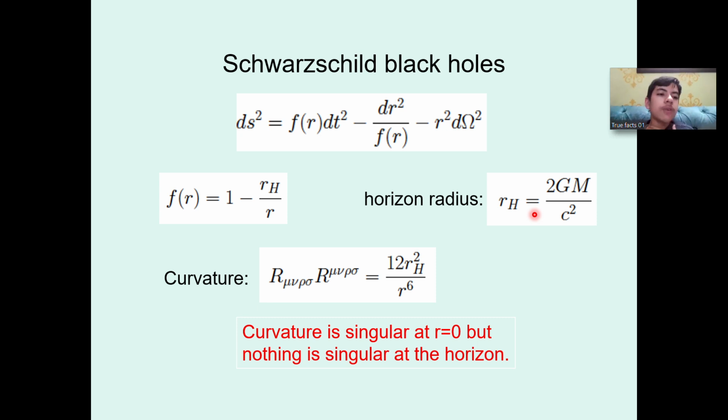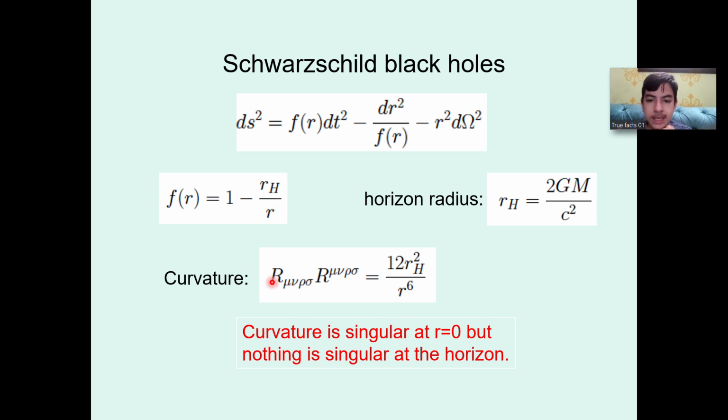For Schwarzschild black holes, the function f of r is 1 minus r_h over r.